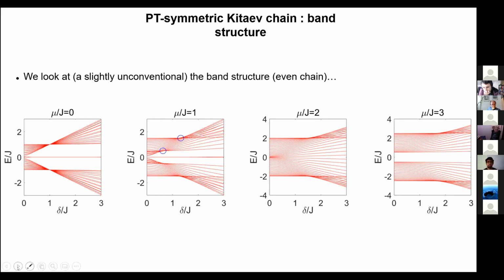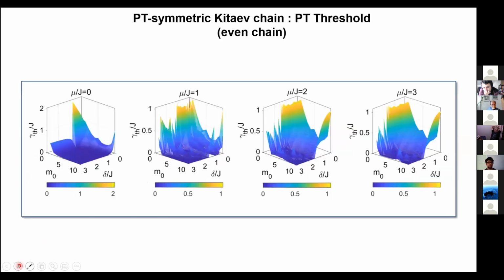Now, what does the PT threshold profile look like? And so here it is. So for the even chain, what we found was that for mu equals 0, you get this kind of a PT threshold structure. And you can see when delta is 0, it just means that these are two uncoupled chains, and you get this characteristic U-shaped structure. So M naught basically is when you change the position of the gain loss sites.